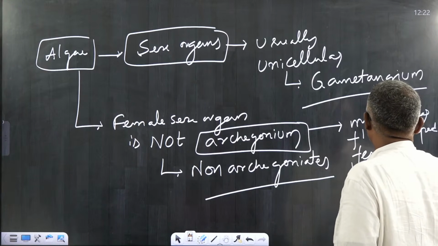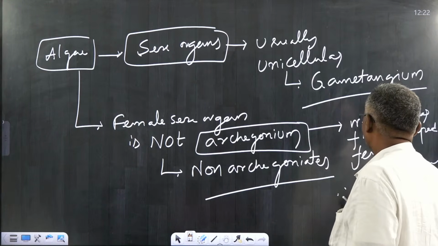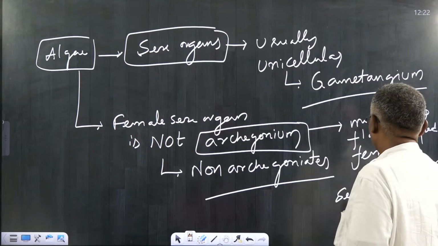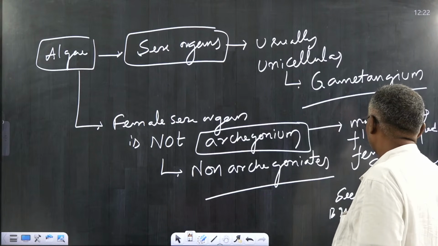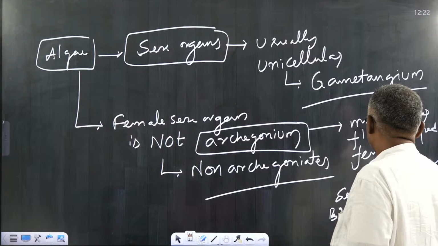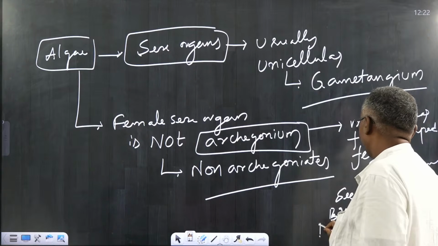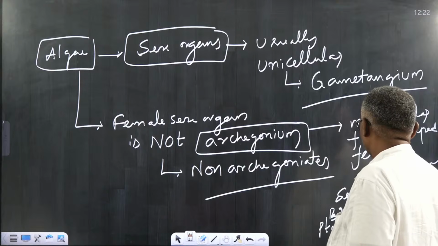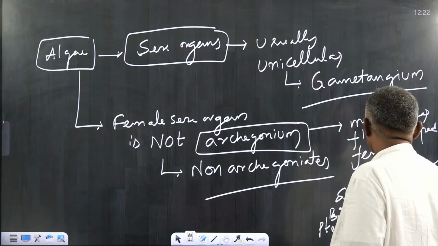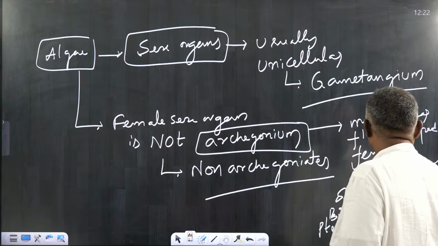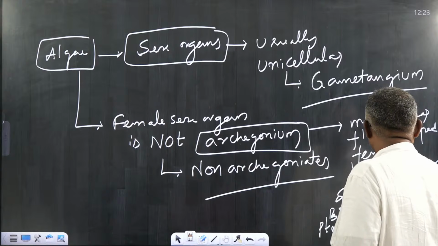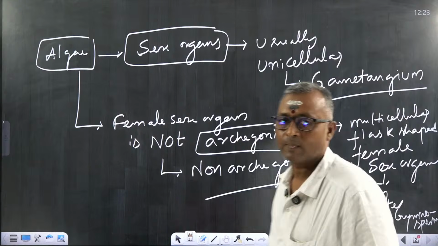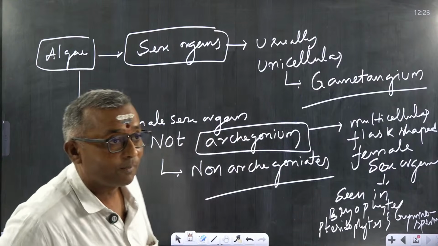This female sex organ is seen in bryophytes, pteridophytes, and gymnosperms. So where are they absent?